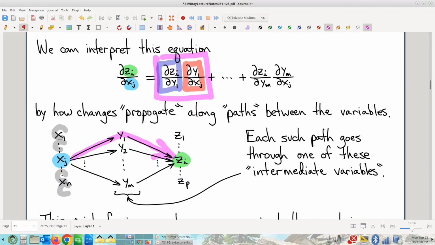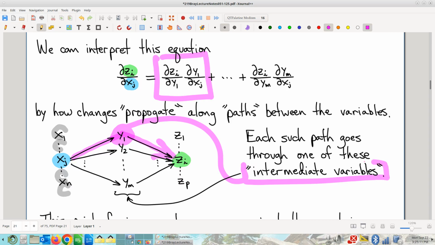All right, now I will further make the observation. Every term corresponds to a path, but notice every path also corresponds to a variable, and it's a variable at this intermediate stage. It's not the original domain, and it's not the eventual target. It's the one in the middle. So we call those intermediate variables, and conveniently, terms correspond to paths, and paths correspond to intermediate variables.